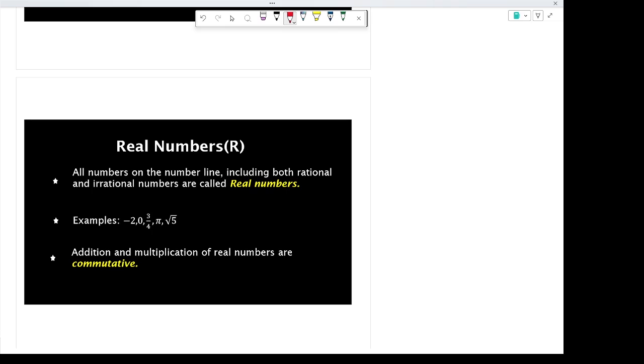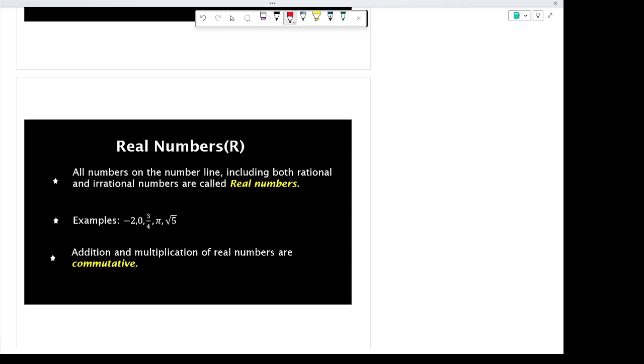Basically, if it can be represented on a number line, it is a real number. Examples of real numbers are -2, 0, 3/4, pi, and square root 5.